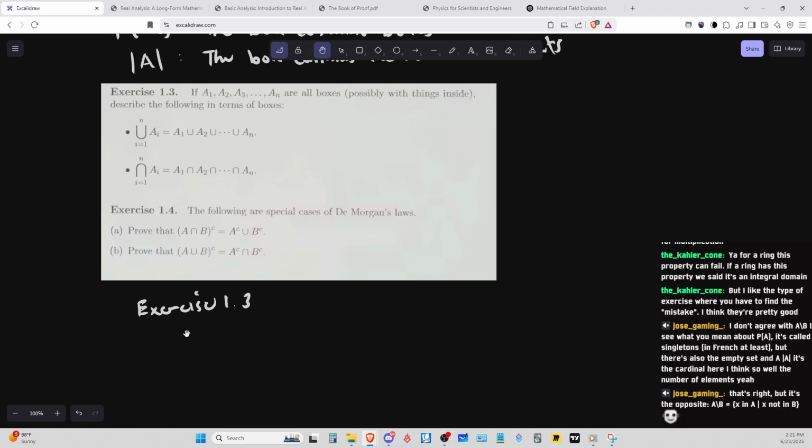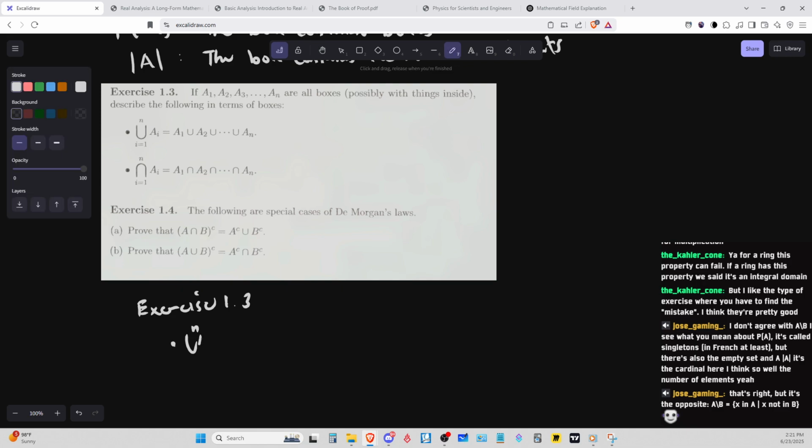So for the union, that means it's going to contain everything within every element. So within every set, I should say. A1, A2, dot dot dot.